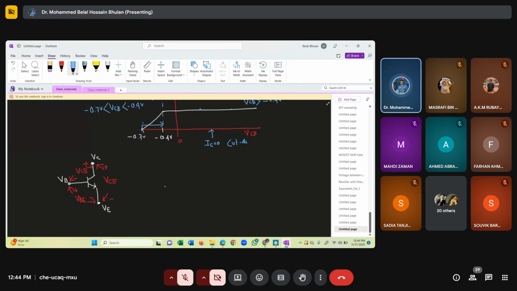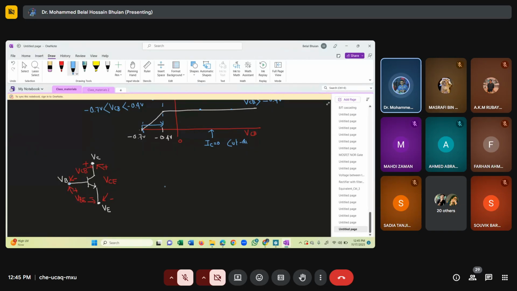Base terminal voltage we call VB, collector terminal voltage we call VC, and the emitter terminal voltage we call VE. And from your DC circuit concept, the node voltage or terminal voltage means any voltage that is measured with respect to ground or any reference point.